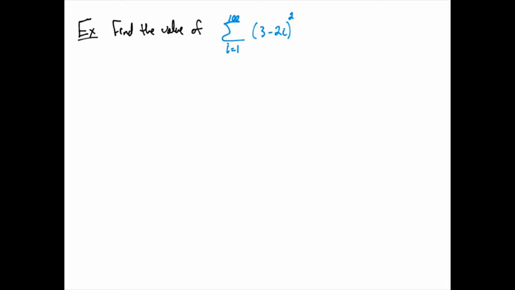What this means is our first term, we're going to say 3 minus 2 times 1, that's getting squared, so 1 is taking the place of I. Then we're going to add that to 3 minus 2 times 2 squared, plus 3 minus 2 times 3 quantity squared, plus, and so on and so forth.